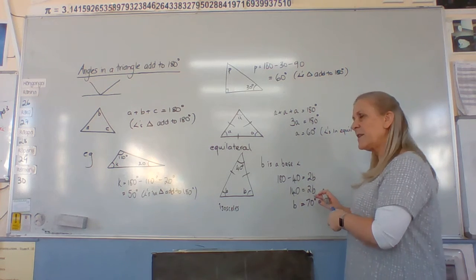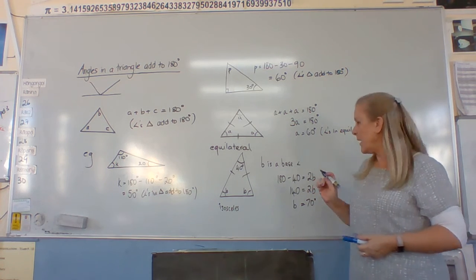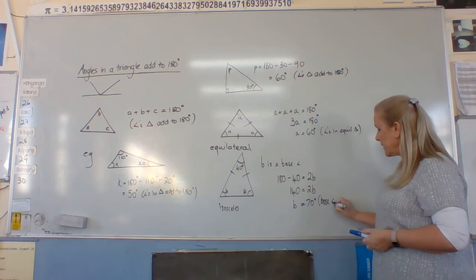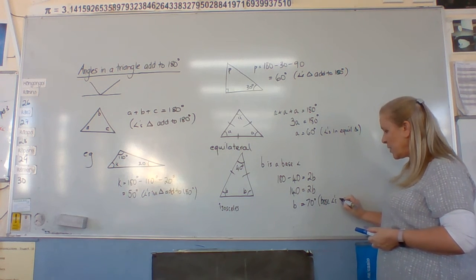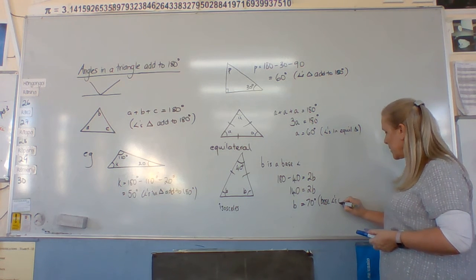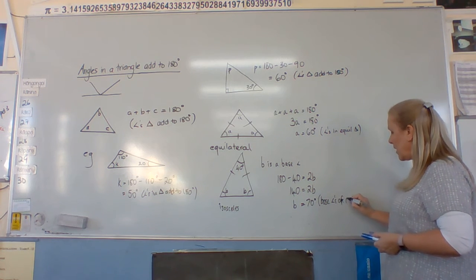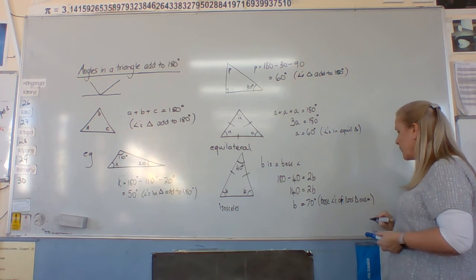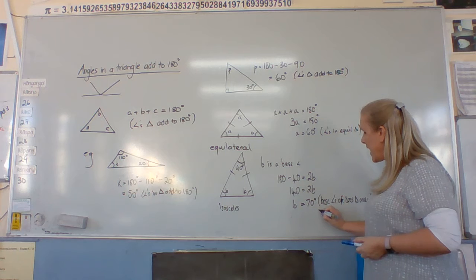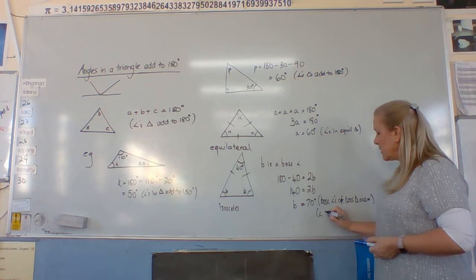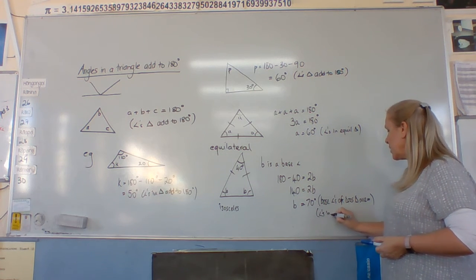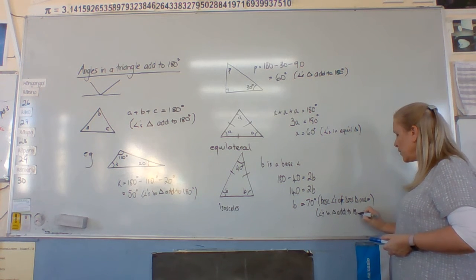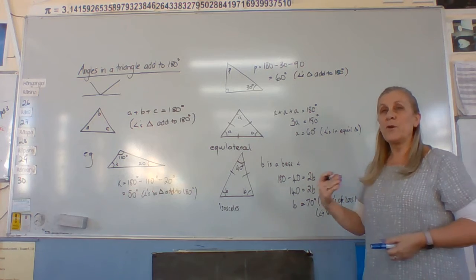Now the reason for this is, again, not the same as that one. This time we're going to say base angles of an isosceles triangle are equal, because that's one rule that gives us those, and angles in a triangle add to 180. So we might have to use a few things further and beyond.